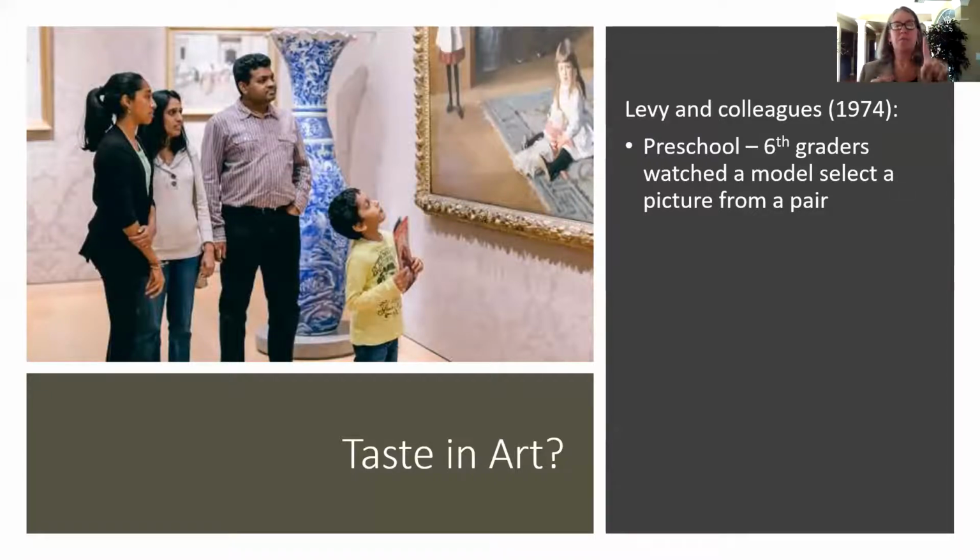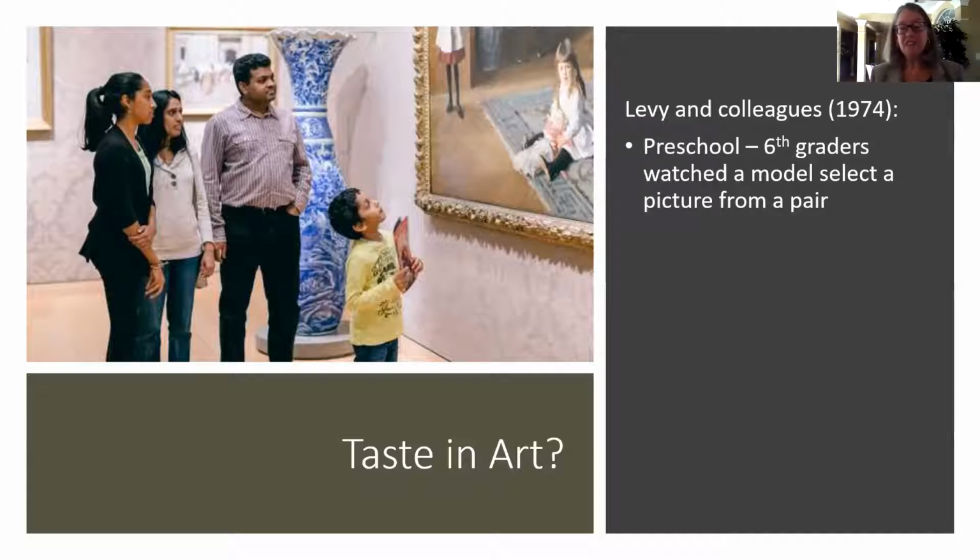And then another two, I prefer this one. And then another two, I prefer this one. And these preschoolers and first grade, second grade, all the way up to sixth grade, got to watch this model make their selection of which picture they preferred from the pair of artwork.